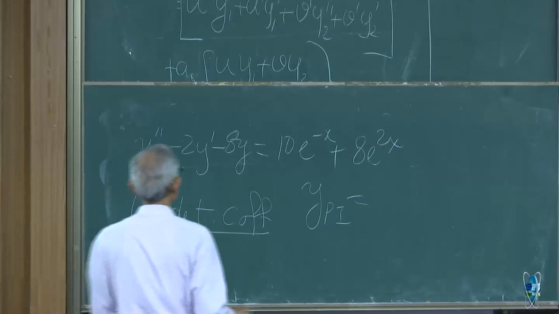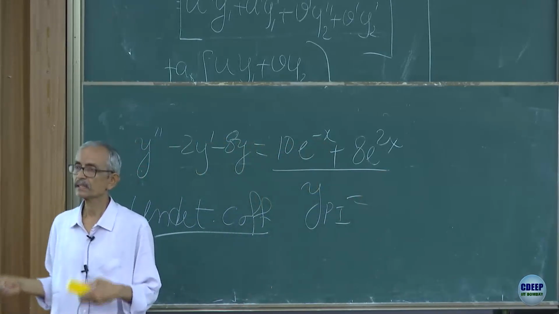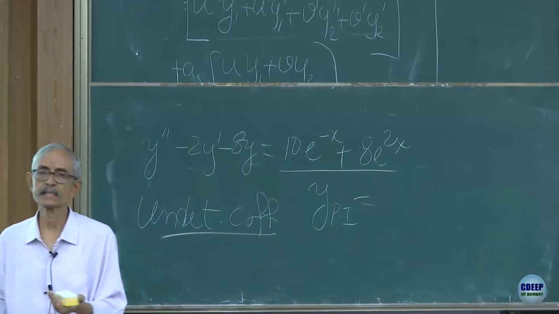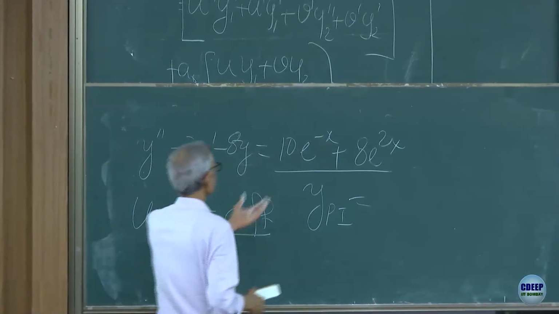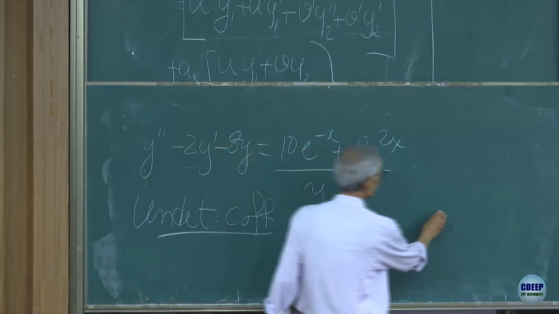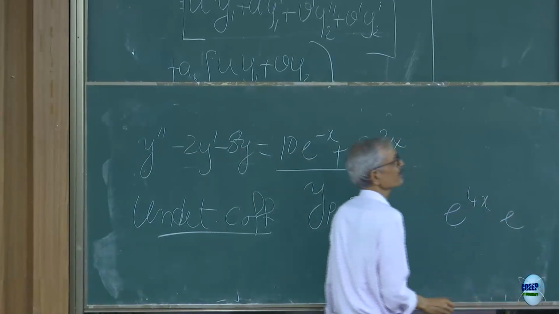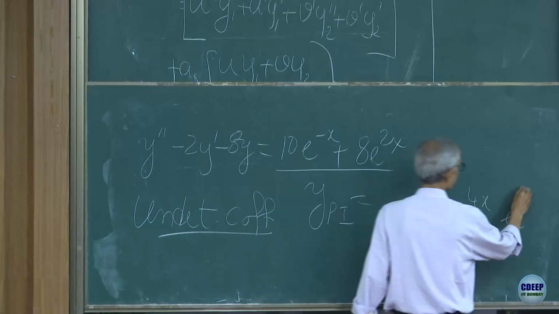So my right hand side is this here. And a word of caution was that these exponents should not be the same as what you had in the homogeneous solution.